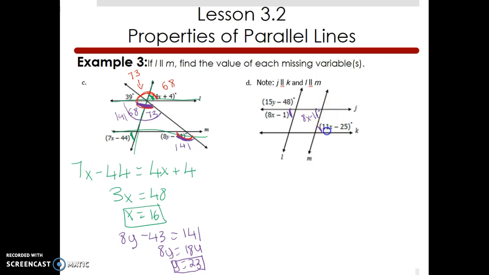And now these two angles are alternate interior, so they're going to be equal to each other. So that is going to equal 8x minus 1. So I'm going to do my math, and I get x equals 8.